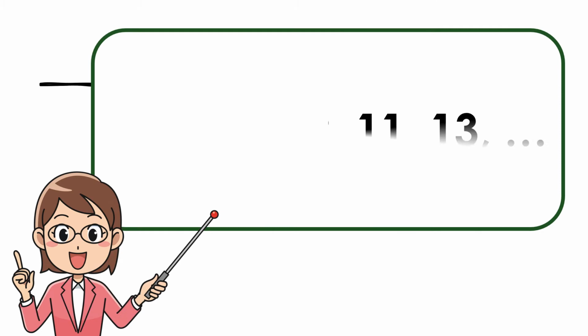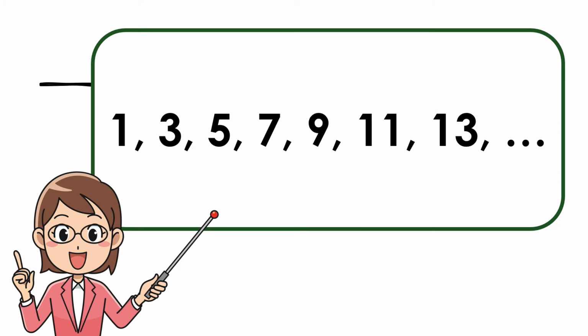For example, we have this set of numbers: 1, 3, 5, 7, 9, 11, and 13. Observe that this set of numbers is in increasing order. If we add 2 to the first number, it becomes 3.